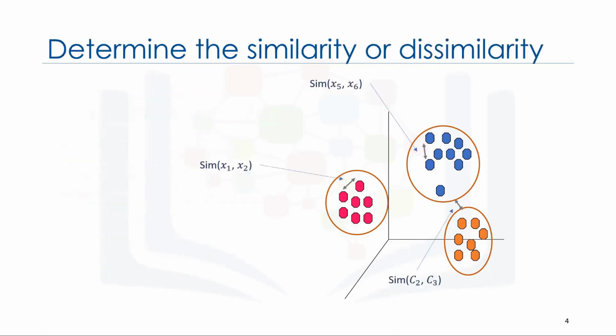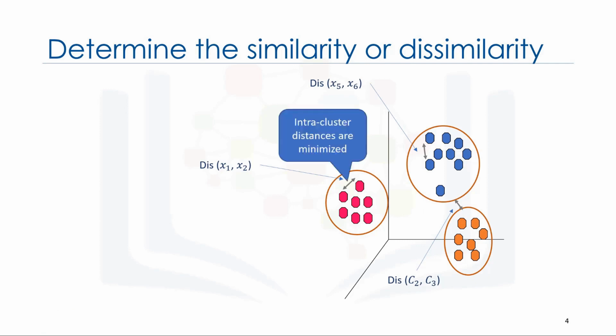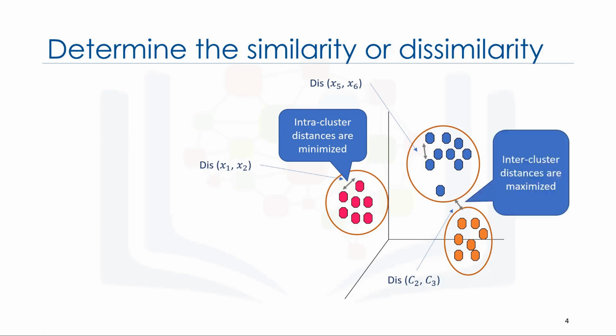Though the objective of K-means is to form clusters in such a way that similar samples go into a cluster and dissimilar samples fall into different clusters, it can be shown that instead of a similarity metric, we can use dissimilarity metrics. In other words, conventionally, the distance of samples from each other is used to shape the clusters. So, we can say K-means tries to minimize the intra-cluster distances and maximize the inter-cluster distances.